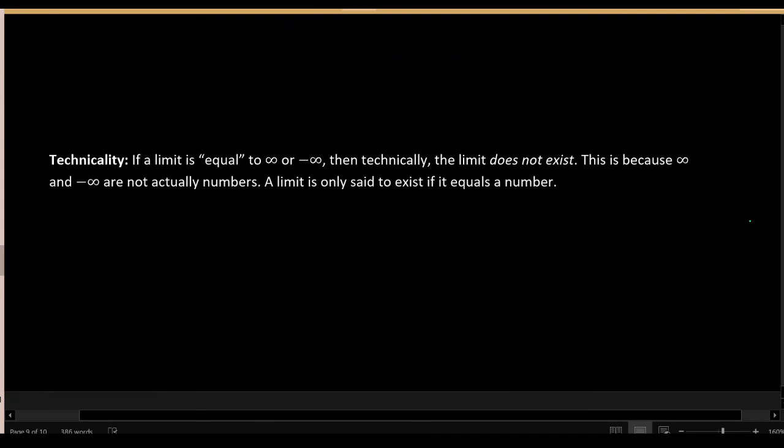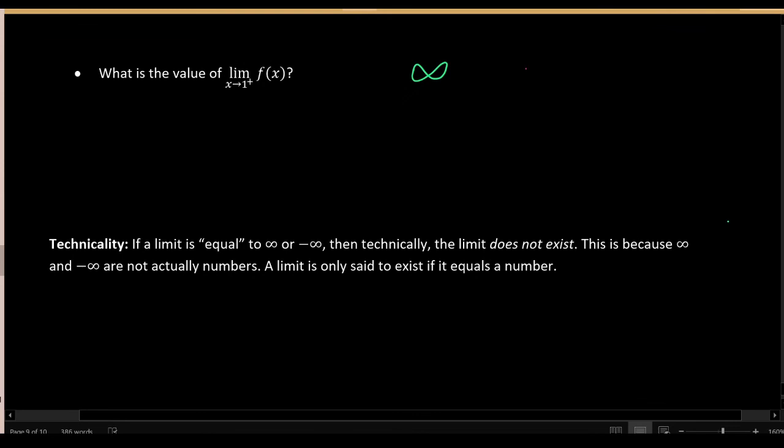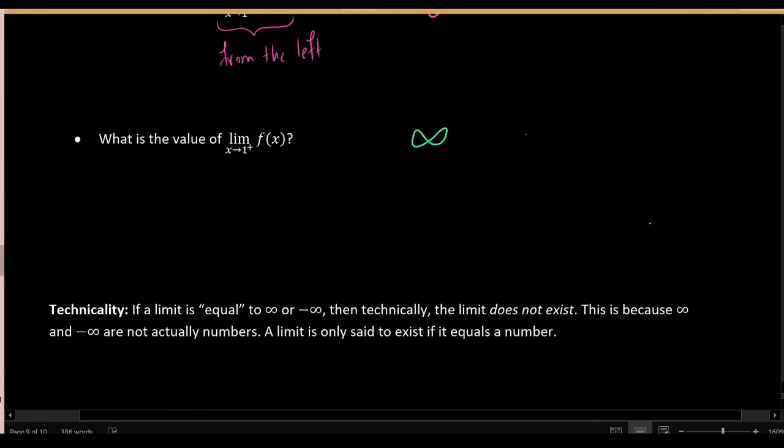Now, one final technicality before we conclude this video. If you have a limit which is quote-unquote equal to infinity or negative infinity, as in the previous two examples, then technically speaking, the limit does not exist, because infinity and minus infinity aren't actual numbers.